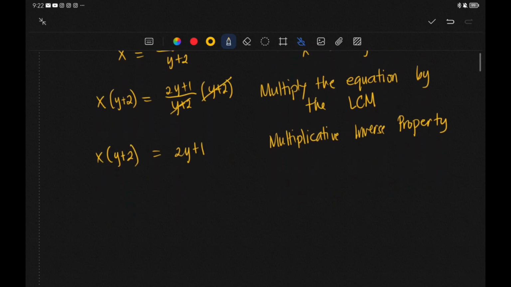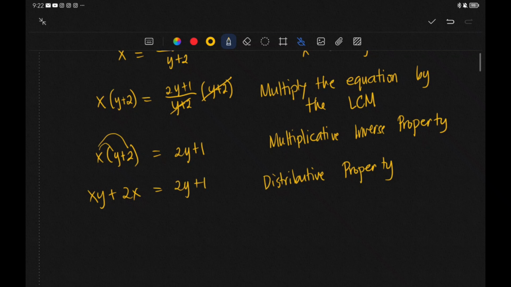Next, you are going to apply the distributive property. So distribute, so that will become xy plus 2x equals 2y plus 1.